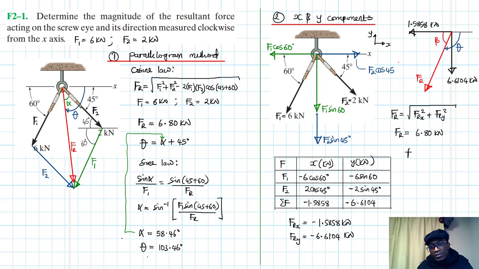So let's find first beta, then we'll find what theta is by subtracting from 180. So beta is just equal to tan inverse of Fry divided by Frx.